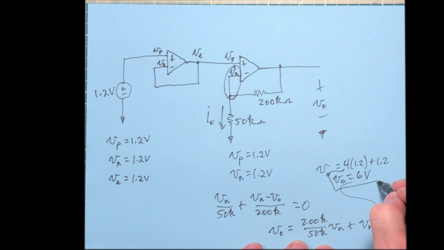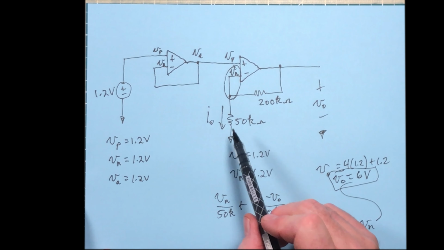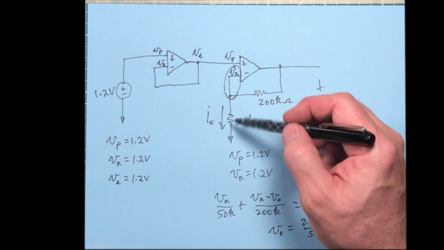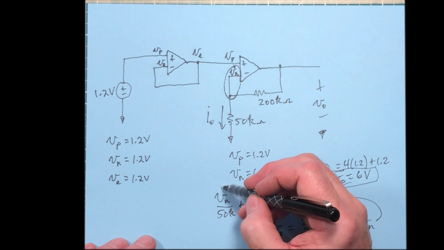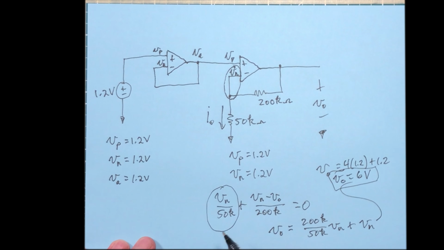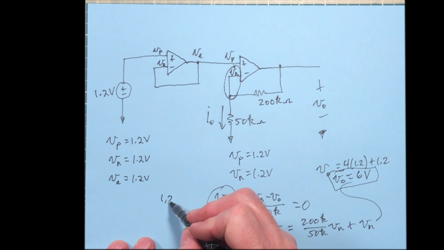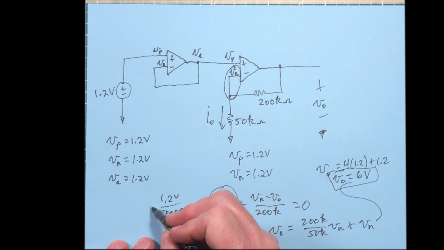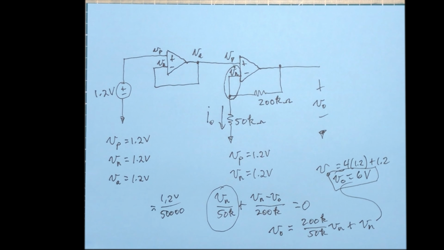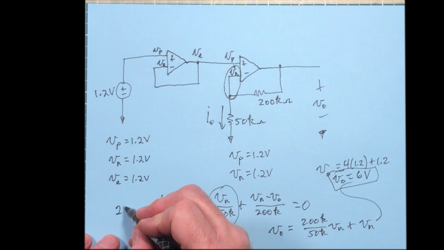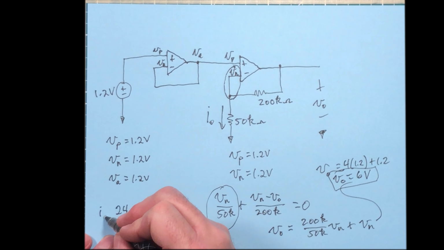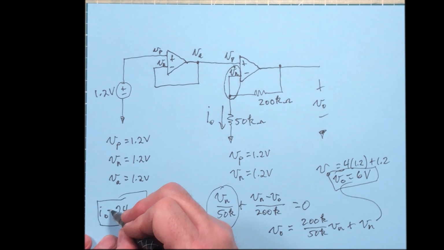So we got V output there. Okay, well, what about this I0? Well, I0 is just going to be this current here, and this current here was this one right here. So 1.2 volts divided by 50,000 turns out to be 24 microamps. So that's our I naught right there.